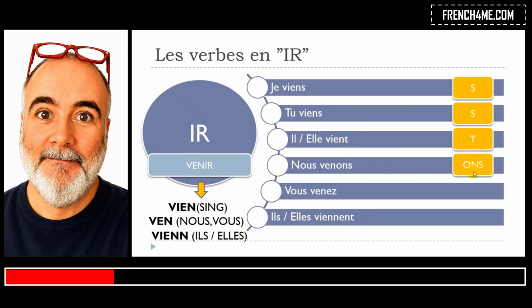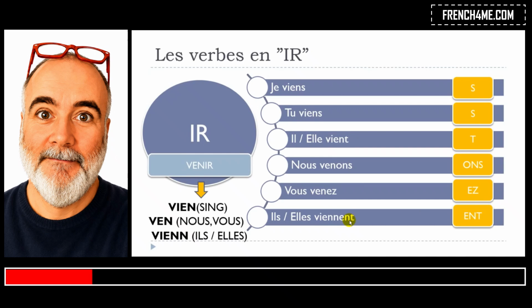But then for nous and vous, you will put this VEN, and you will add the ending ONS for nous, EZ for vous, and you get nous venons, vous venez. And the last part, remember, for il, elle, you will put back this VIEN, and you will put the ending ENT, and you'll get ils viennent, elles viennent.